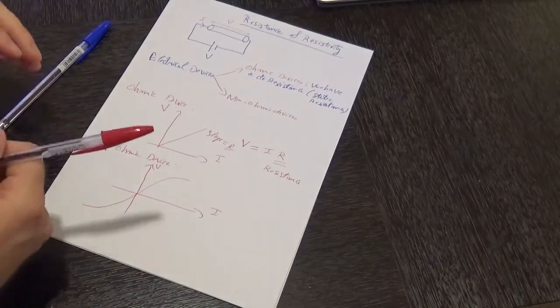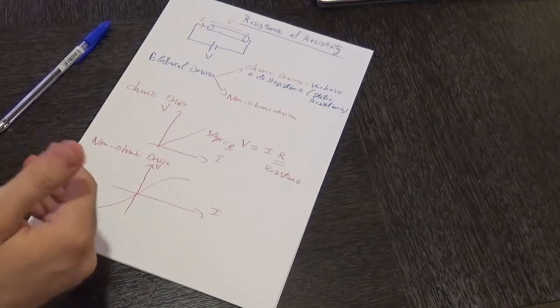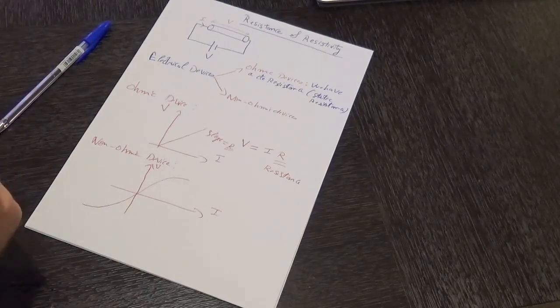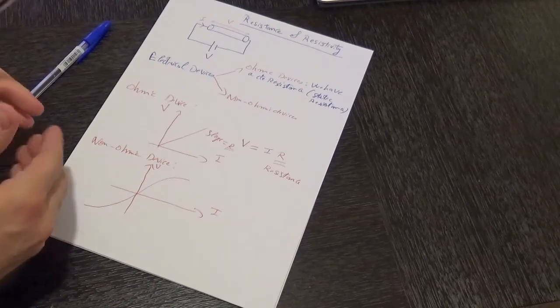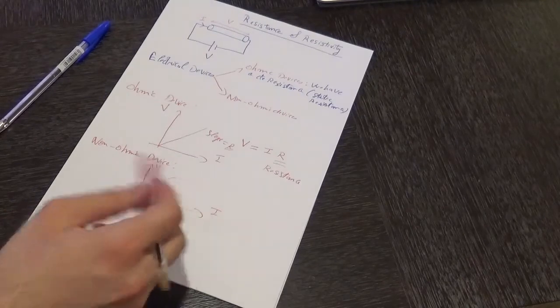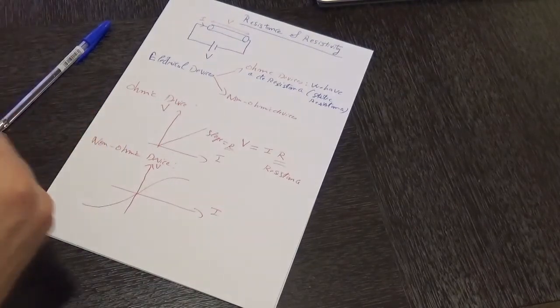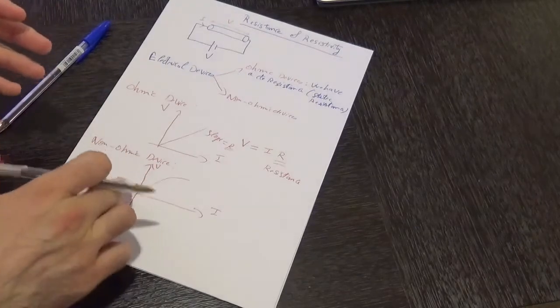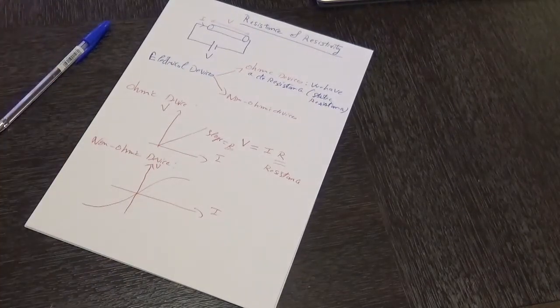So as we can see over here, now we don't have any linearity anymore between the voltage and the current, which is an indication that the voltage and the current are not varying in a proportional manner to each other as before. And moreover, the slope of that curve is no longer a constant. The slope, which actually represents the resistance, is no longer a constant in the case of a non-ohmic device.